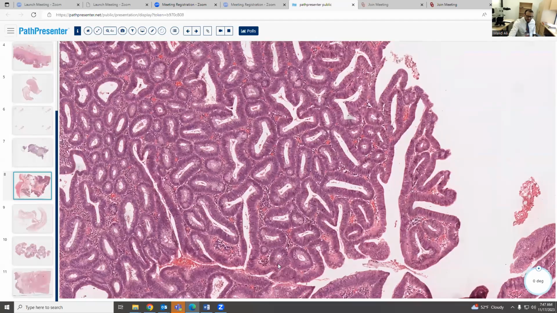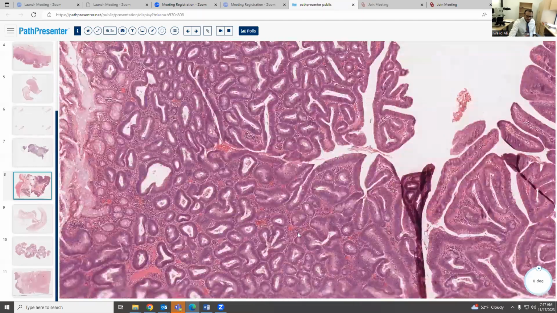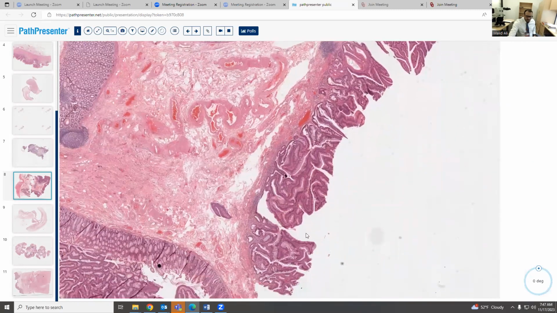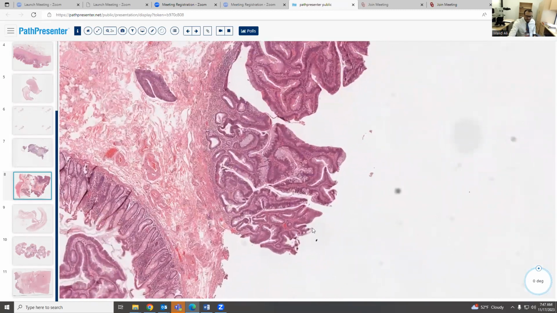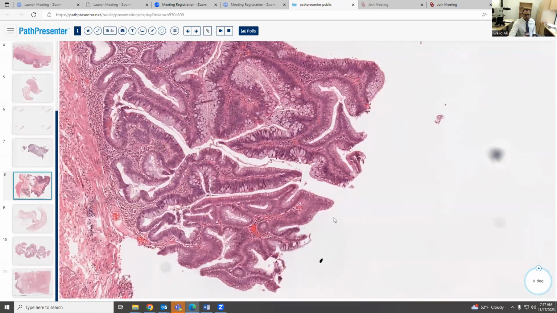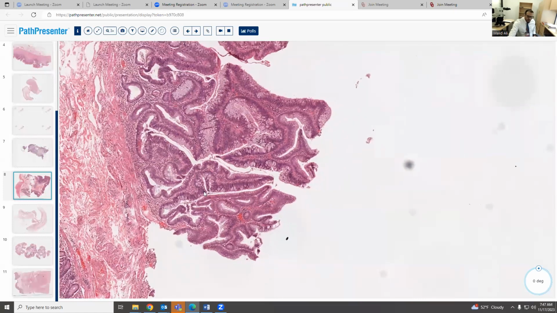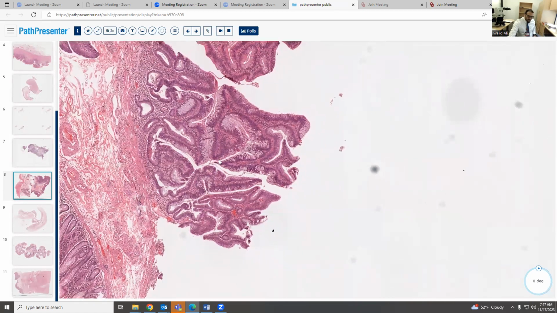If we just saw this tubular adenoma, but then look here, there maybe are also some villi here. These are villi. So this is called tubulovillous adenoma. It's not tubular, it's tubulovillous, because we also have villous components.